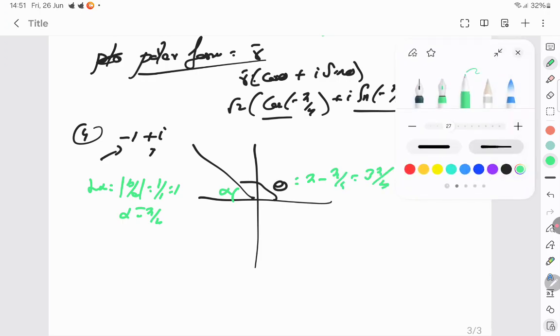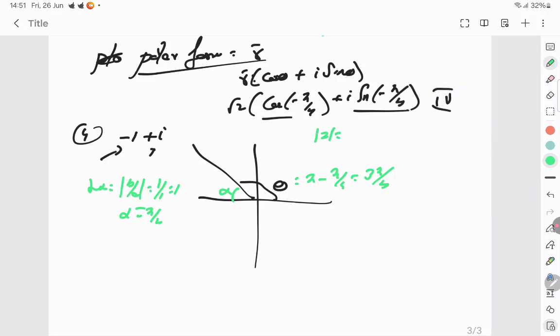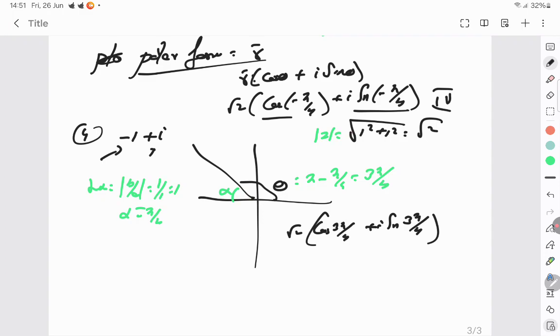What is mod of z? Root of 1 square plus 1 square, which is root of 2. And r into cos theta plus i sin theta: root 2 cos 3 pi by 4 plus i sin 3 pi by 4. Very easy way of doing it.